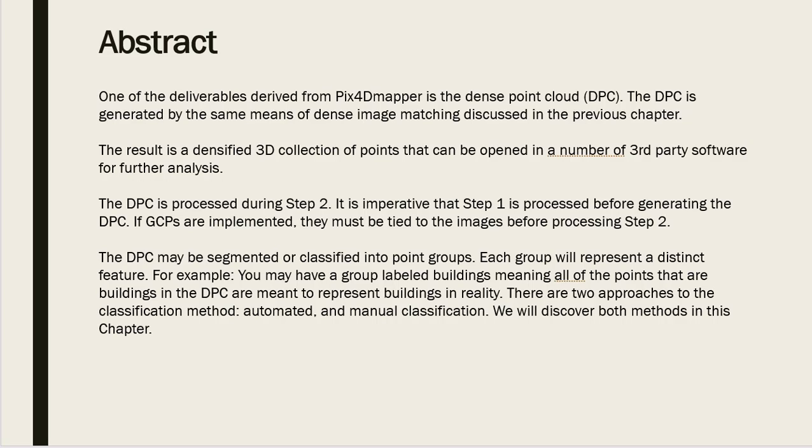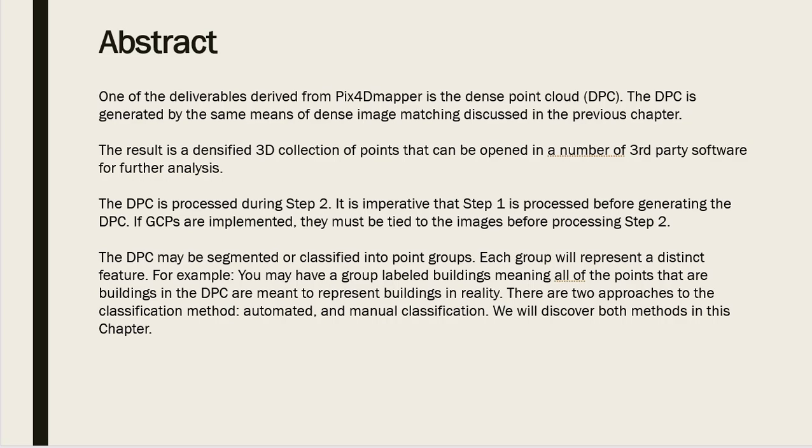The DPC is processed during step 2. Now, it's imperative that step 1 is processed before generating the DPC. It's also important that if GCPs are implemented, they must be tied to the images before processing step 2.